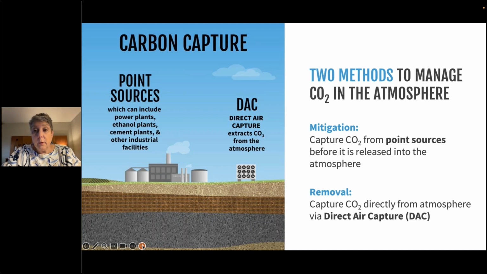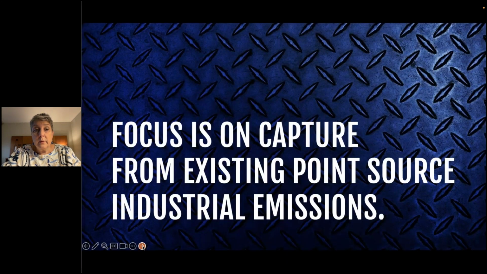You can see there's a significant volume difference between those two. That's the reason the focus is primarily on capture from point sources and industrial emissions, because they're large, easily diverted sources of carbon dioxide.